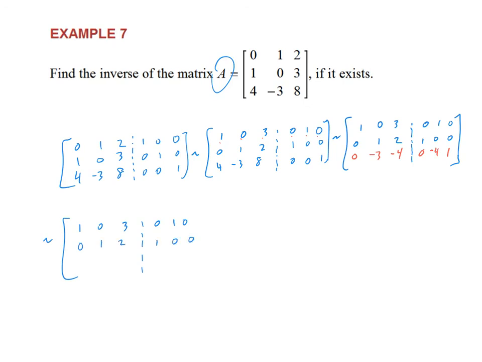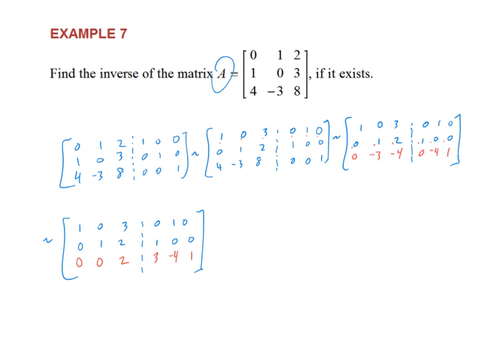My next operation is 3 times row 2 and add row 3. 3 times 0 plus 0. 3 times 1 is 3, minus 3 is 0. 3 times 2 is 6, minus 4 is 2. 3 times 1 is 3, plus 0. 3 times 0, add negative 4. And 3 times 0, add 1. All right, so that's our next row operation complete.